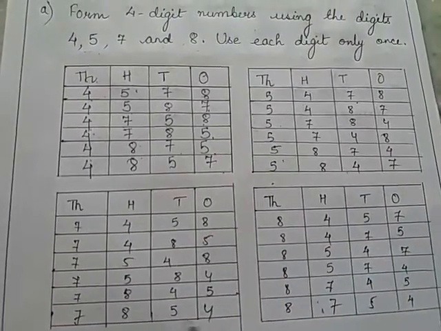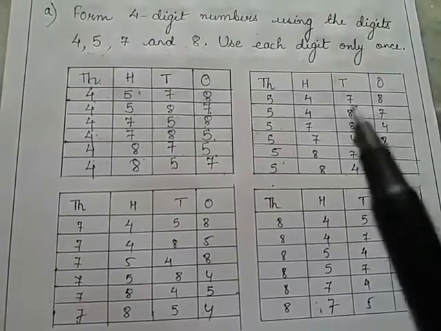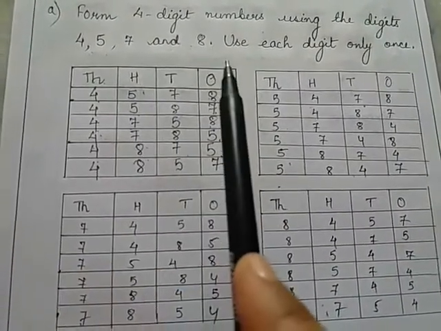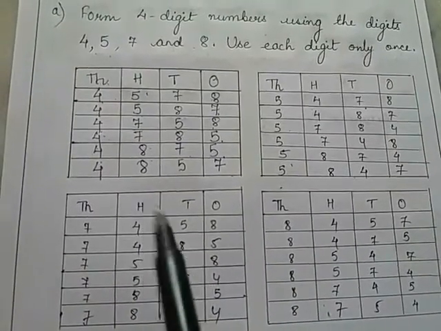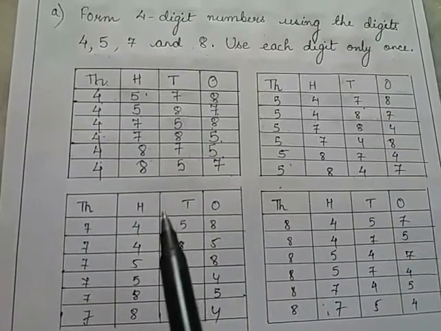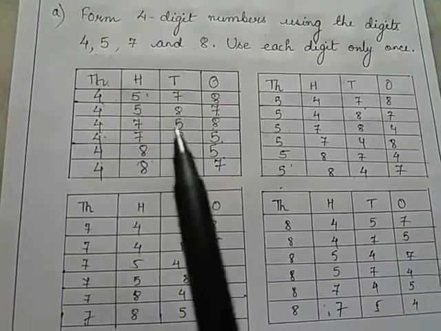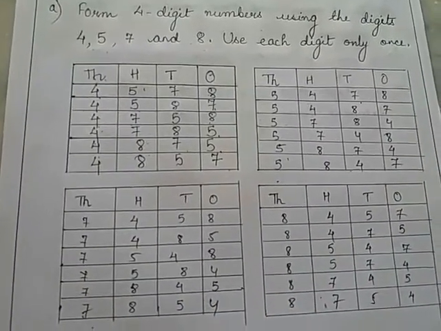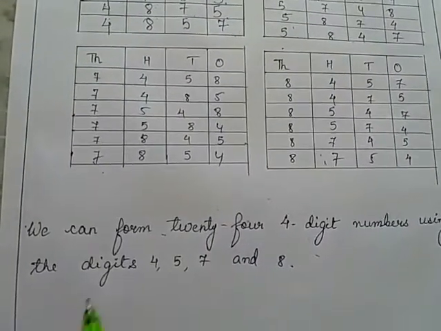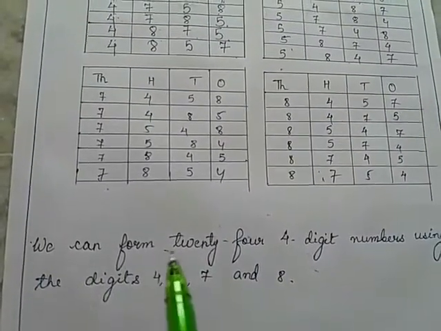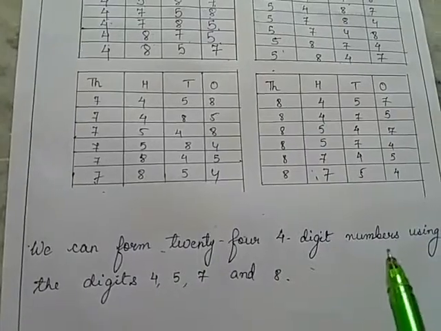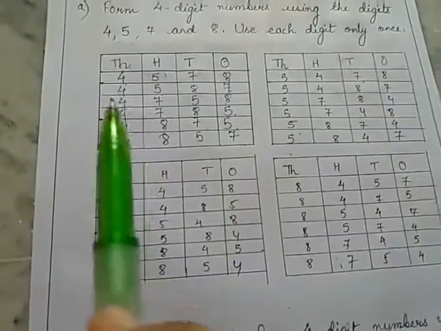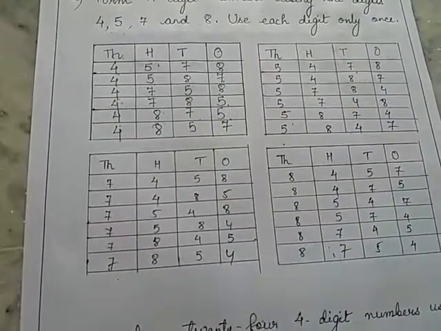Like this we can form at least 24 4-digit numbers from the given digits. So this is how, with the help of place value chart, we can form different 4-digit numbers. So we can say that we can form 24 4-digit numbers using the digits 4, 5, 7 and 8 with the help of our place value chart.